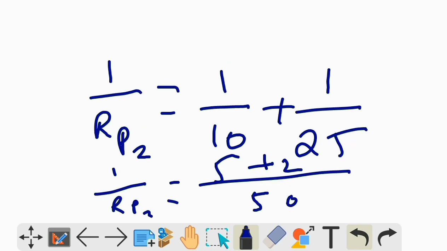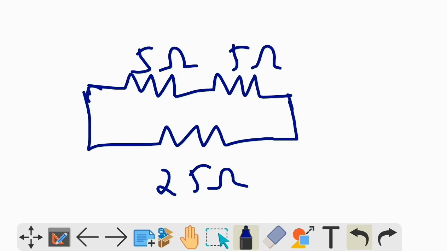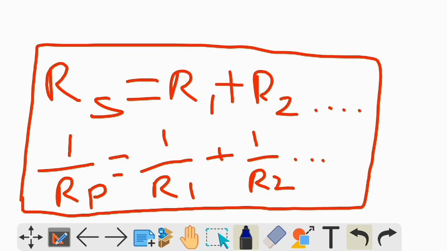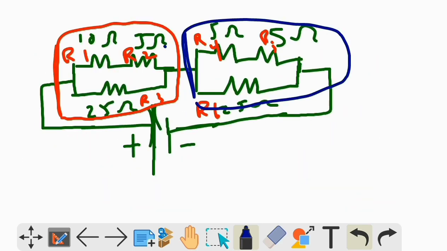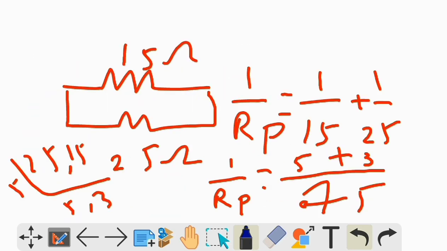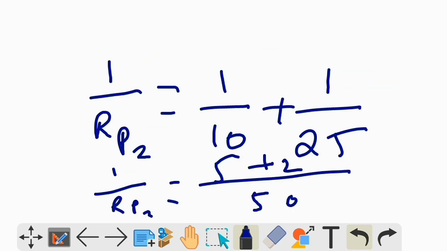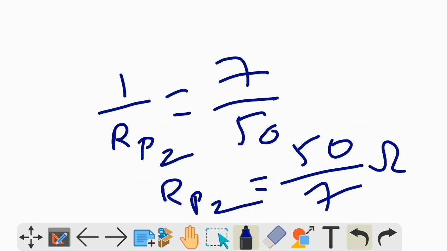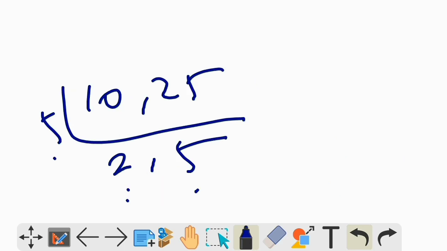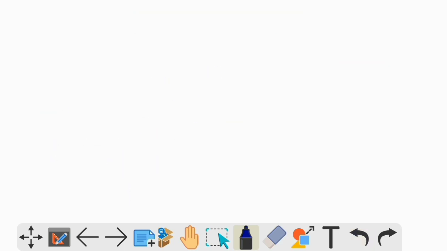Now these two will be in series, isn't it? Now we have found the combination of this and the combination of this. This one, how much did we get? 75 by 8, and the other we got 50 by 7. So just take it.